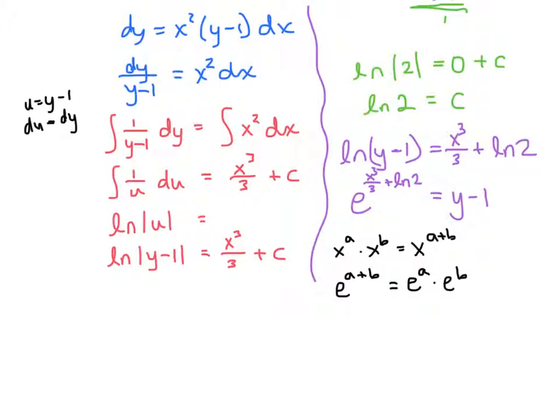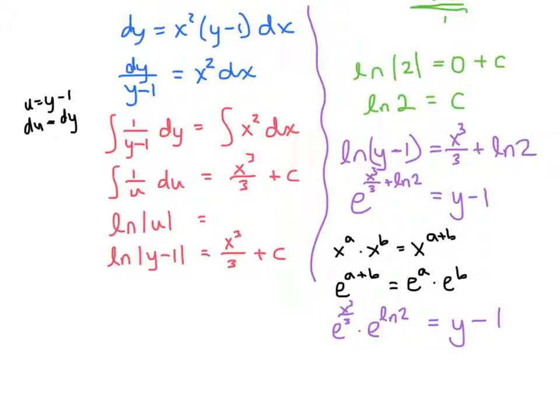All right, so I'm going to pick this back up, and I'm going to recognize that since this left-hand side is e to the, and I have a sum in my exponent, I'm going to rewrite that as e to the x to the third over 3 times e to the natural log of 2. That's equal to y minus 1.